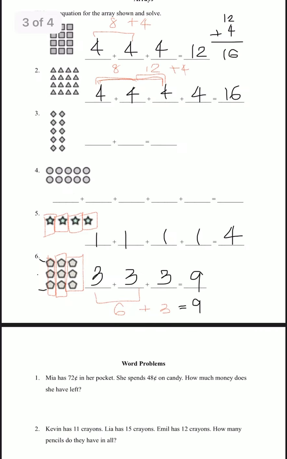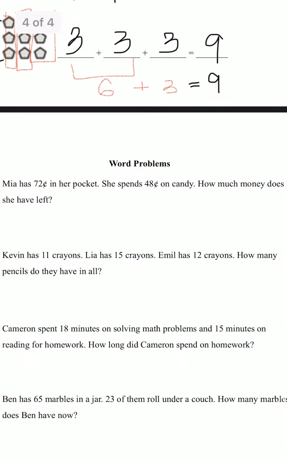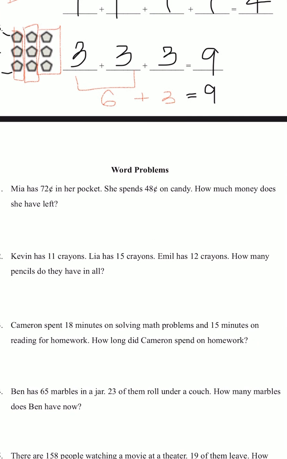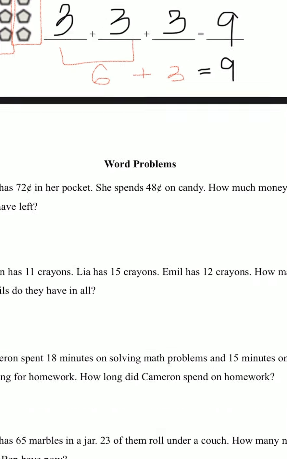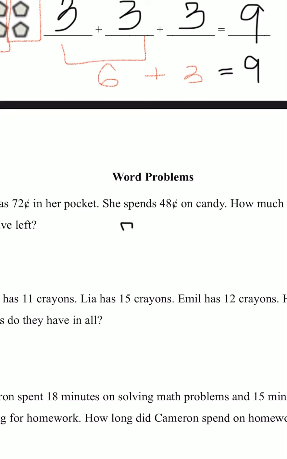Okay? Now the next page, word problems. Mia has 72 cents in her pocket. She spends 48 cents on candy. How much money does she have left? So she spent money. Okay, so we're going to subtract 72 minus 48. To do 2 minus 8, we have to get 1 ten from the 7.